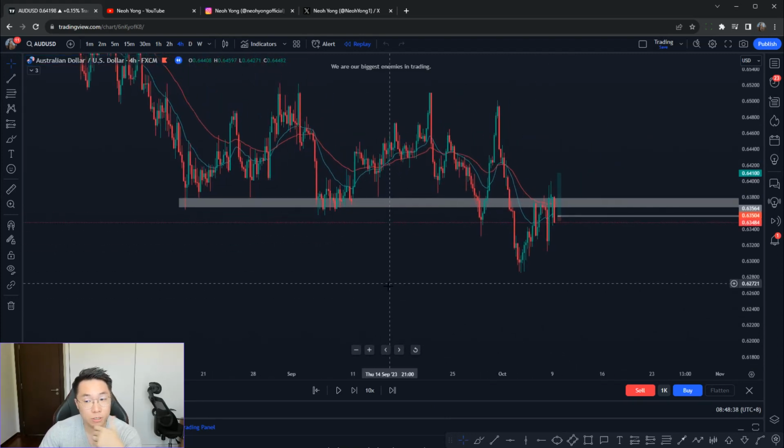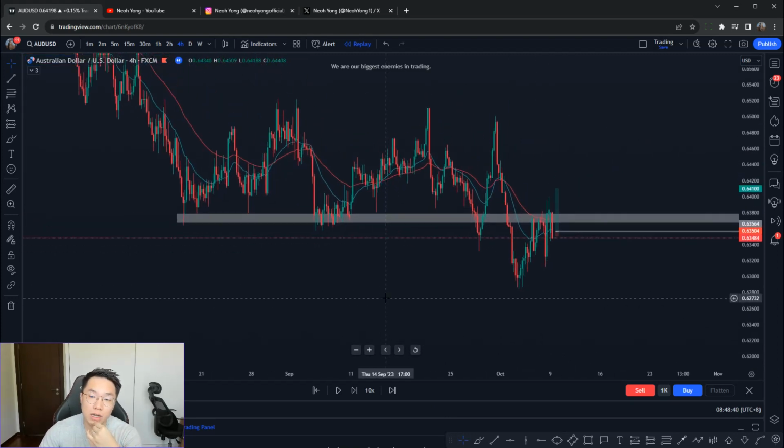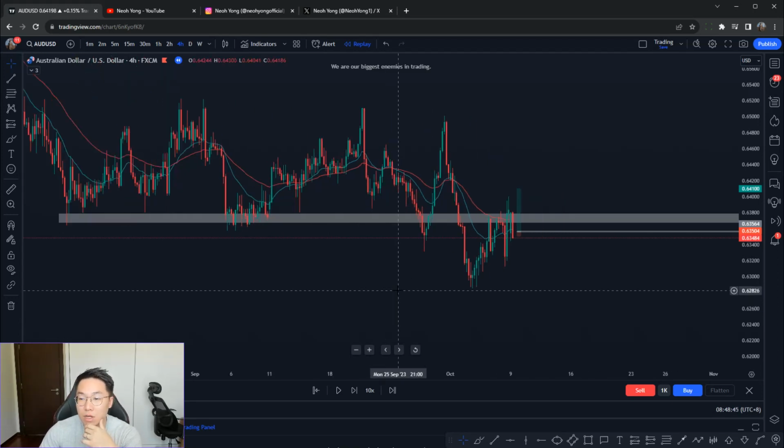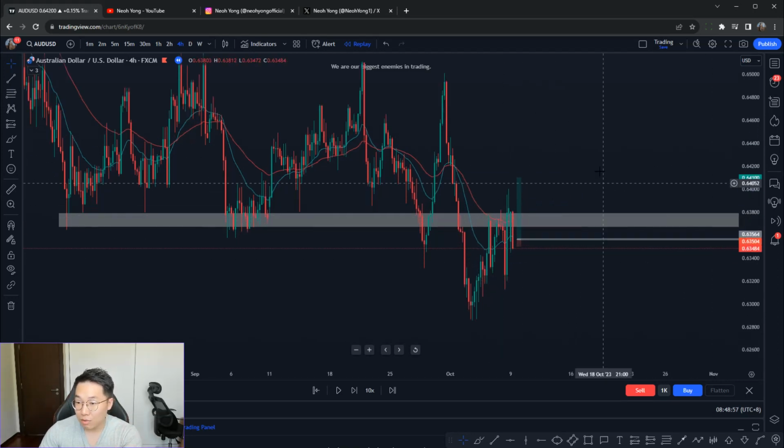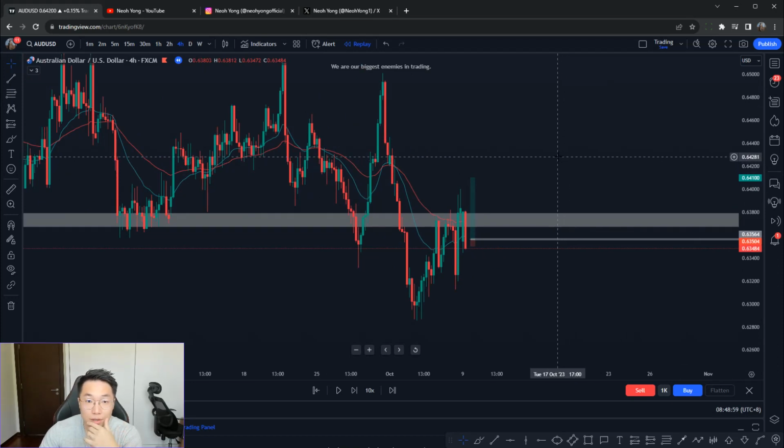After a lot of thought, after recognizing price behavior, I knew it was going to be a fake out. Because you see, price had multiple attempts to reject this 0.6370. If sellers were strong, it wouldn't take so many attempts, right? And that was exactly what hooked me onto the buy.